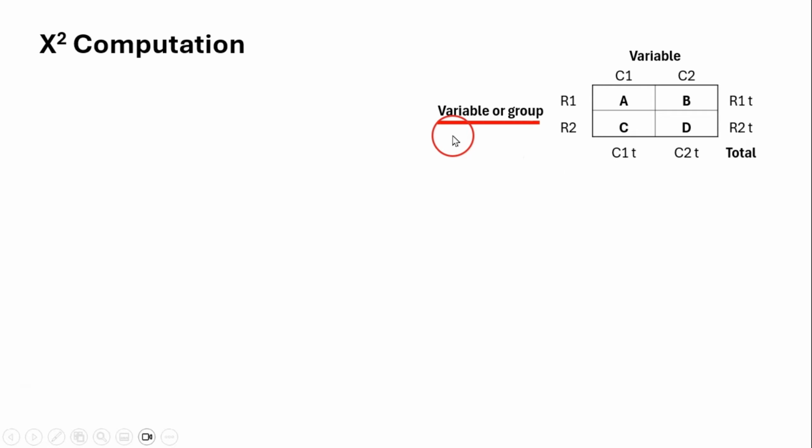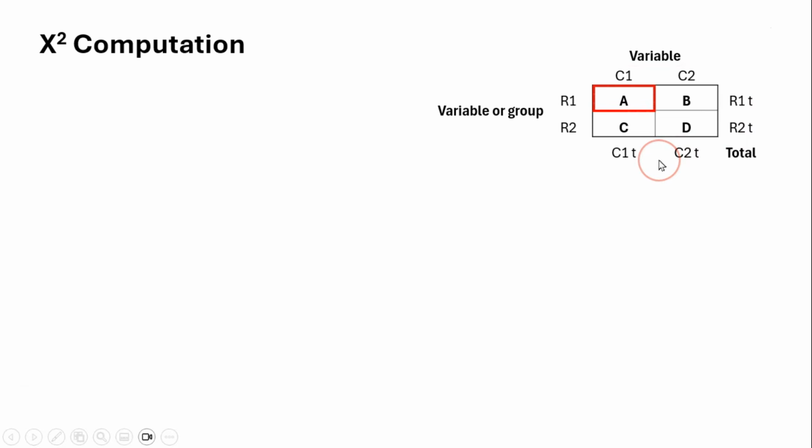For the rows here, you can have a variable or a group. This would be your label for row 1 and your label for row 2. And as you saw on the prior slide, there's also a variable for the columns. So C1 is column 1 and C2 is column 2.